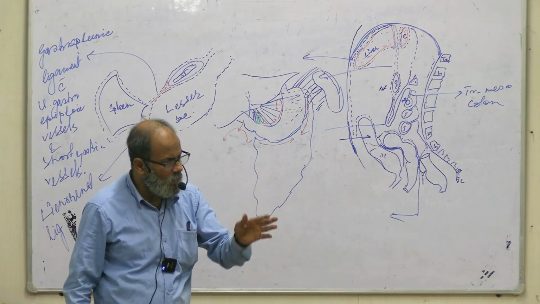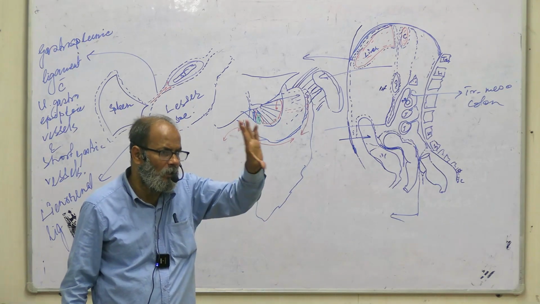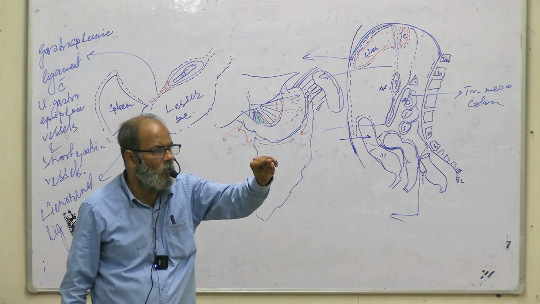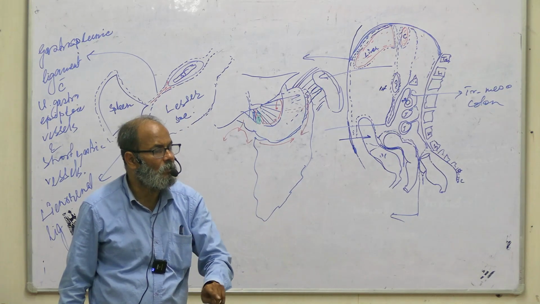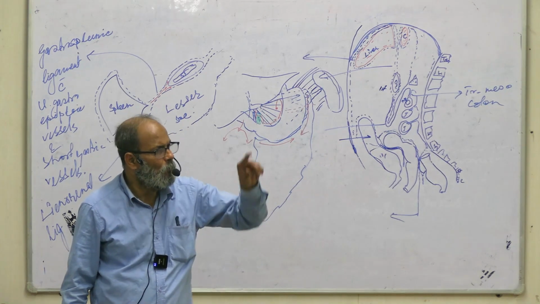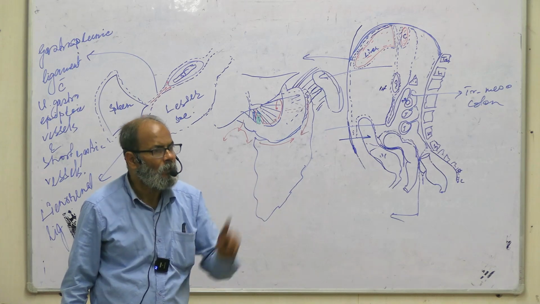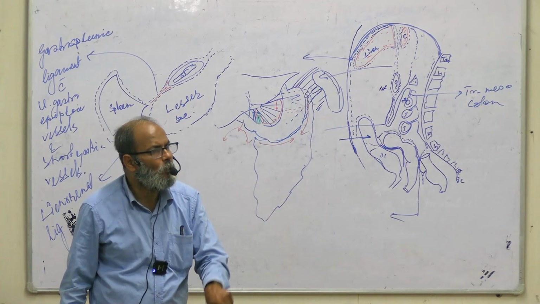The processus vaginalis is a process of the intraembryonic coelom, that is the peritoneal cavity, that comes down along the gubernaculum of the testis. In the male it forms the tunica vaginalis of the testis.